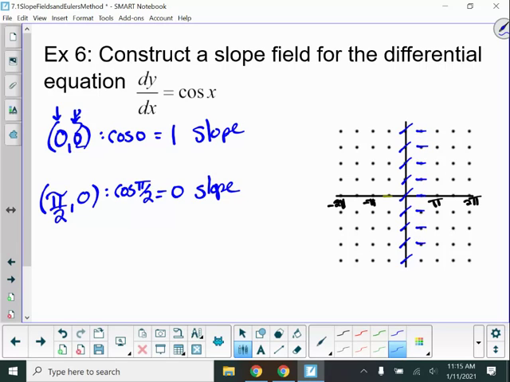And again, the y's do not matter for this because it's always going to be 0. It's also going to be 0 at negative pi over 2, 3 pi over 2, and negative 3 pi over 2. So these are all going to be zeros. 0 slopes, little horizontal lines.